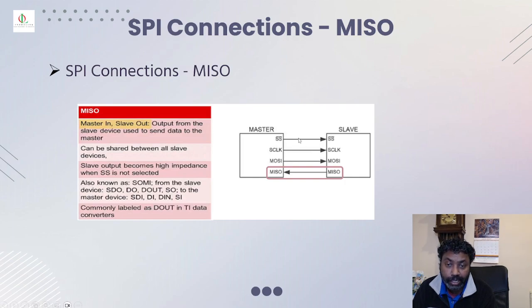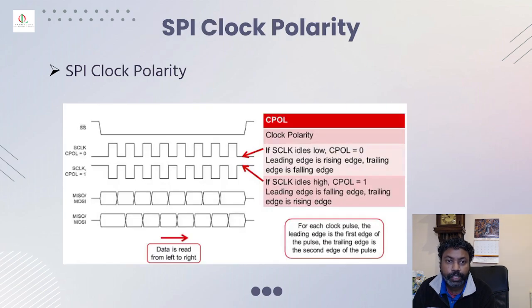So when you don't select it, it results in a high impedance state. This is also known by other names. From the slave device it is SDO, DO, D out, SO, and from the master device it can also be written as SDI, DI, DIN. Generally in TI devices you would see this as D out on data converters.